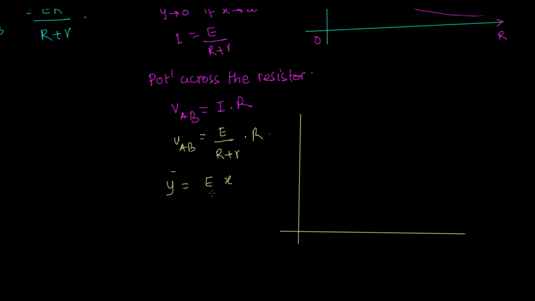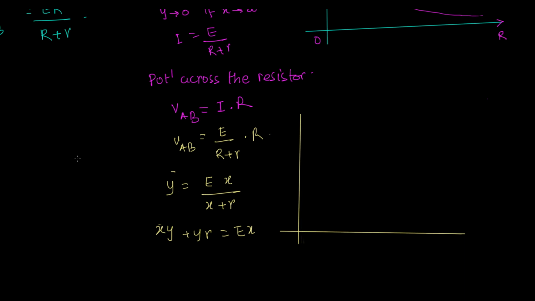So it is Ex upon x plus r. All are constants, x and y are variables. So it becomes xy plus yr is equal to Ex. It again cannot be split in terms of x and y separately, so it cannot be a straight line. That is the first point you should keep in mind. So it is not a straight line.